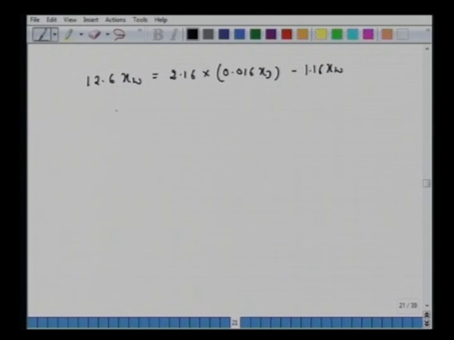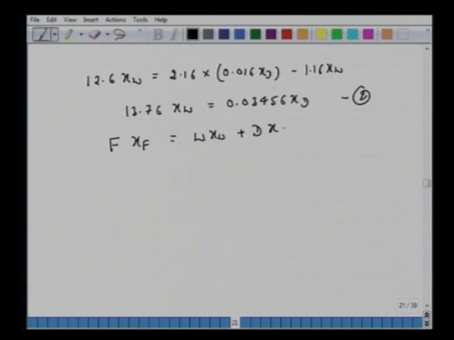So now we get one more relation between the top product and the bottom product: Xw equal to 0.03456 Xt. So this is the second equation we have. The first equation we had was F Xf equals W Xw plus D Xt.